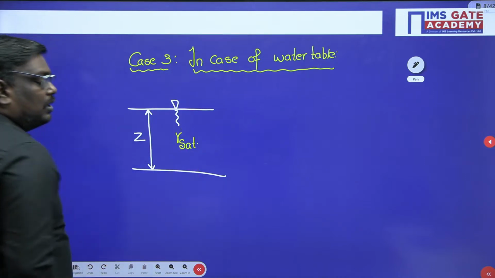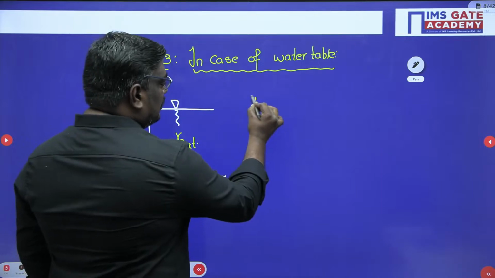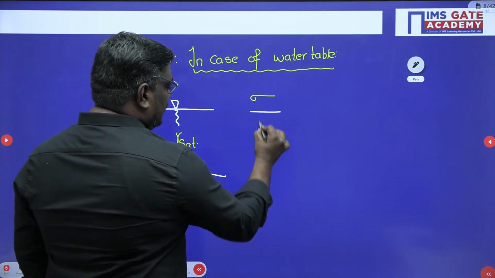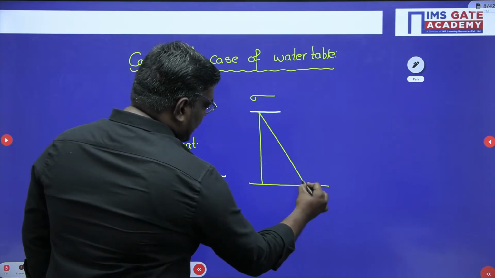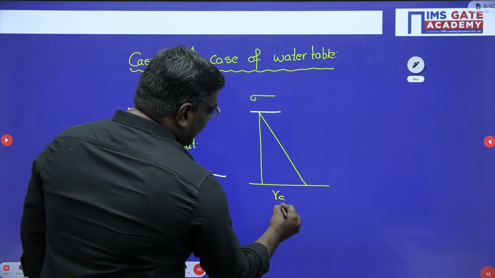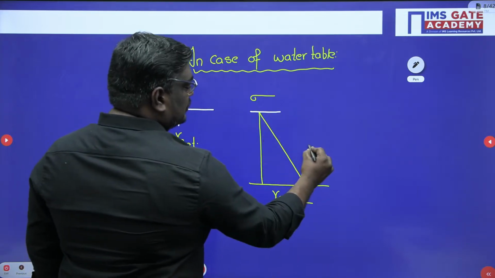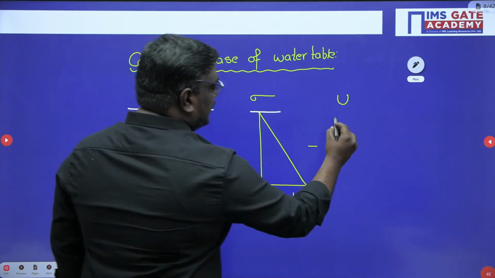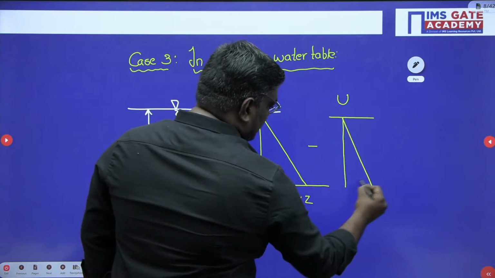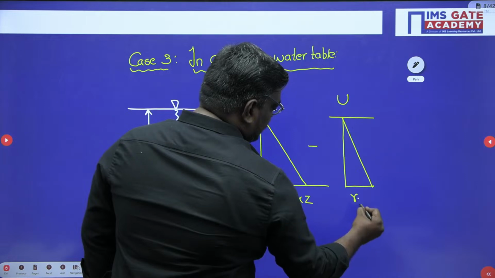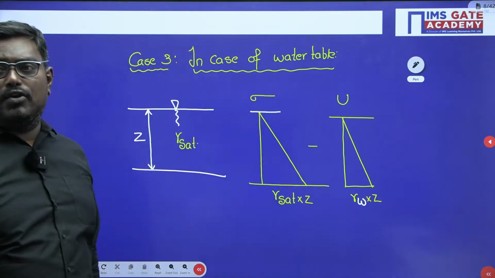Okay. Now see students, let me tell you how you calculate total stress here. Total stress will be calculated as gamma sat into Z, minus pore water pressure, which is written as gamma W into Z, because the depth of the water table is Z. Are you following?